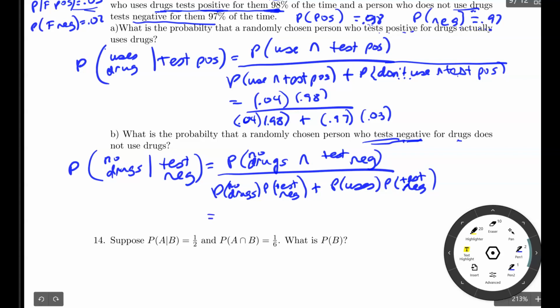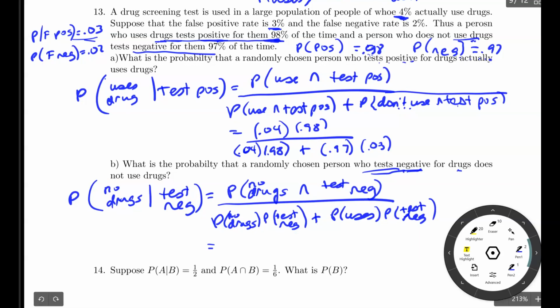Okay, so what's that going to give me? Let me pull it back up here. You test negative and you don't use drugs, that's the 0.97. And the probability you don't use drugs is 0.96.